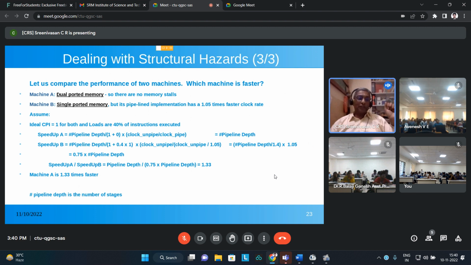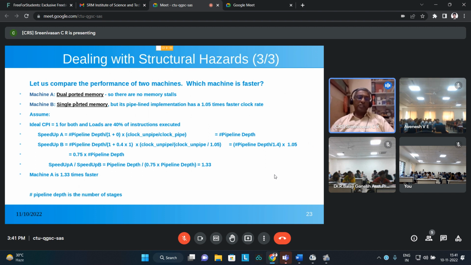Why? Because of the dual-ported memory. In one port you can write, and in another port you can read. Whereas in single-ported memory, both read and write operations have to happen on the same port, right? So this is one example.